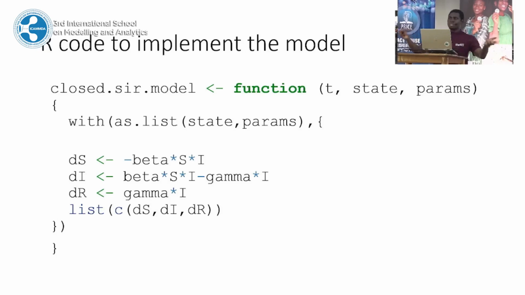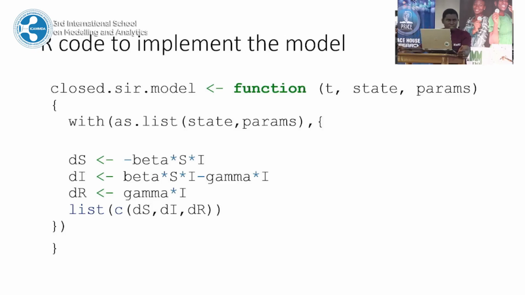For instance, as mathematicians, you'll be dealing with different kinds of functions, right? So this one is a specified function, a user-defined function that we are going to put in now. It's a system of ordinary differential equations. Are we together? In our system of ordinary differential equations, we have variables, parameters, and also the time.